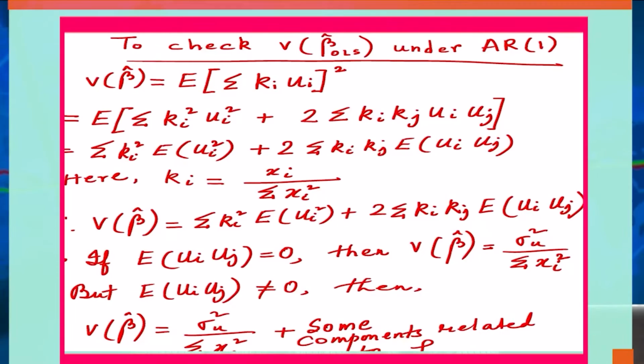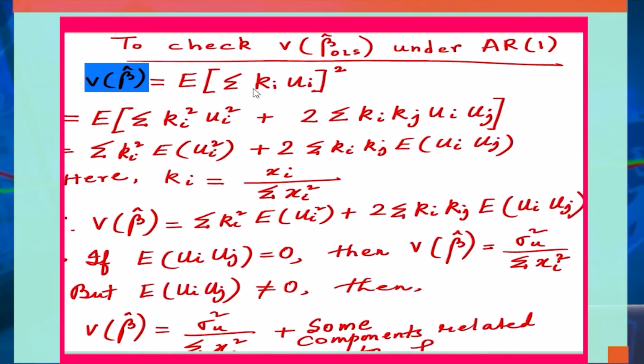Now when we focus on checking the variance of this beta hat OLS under the presence of this problem, we observe that variance of beta hat is basically taking summation ki ui whole square, where ki was the weight assigned under the OLS estimation, which is small xi by summation of xi square.